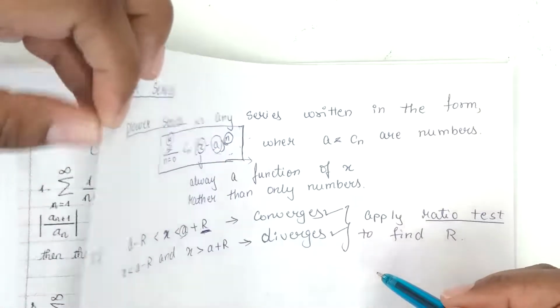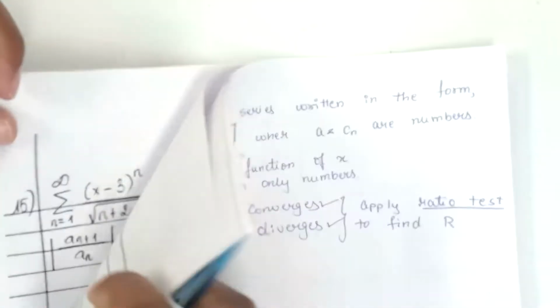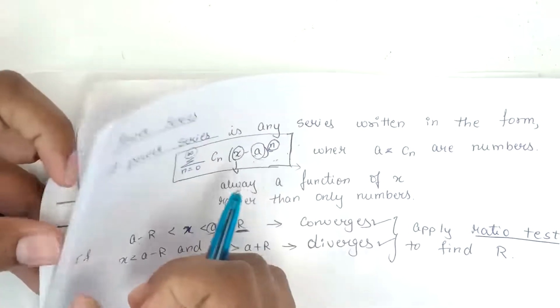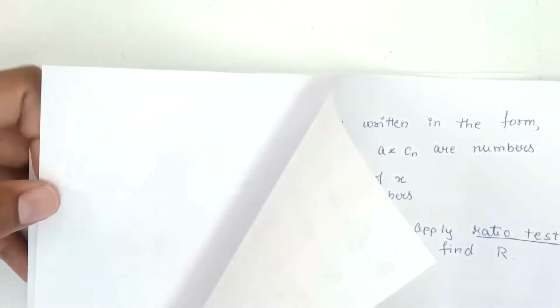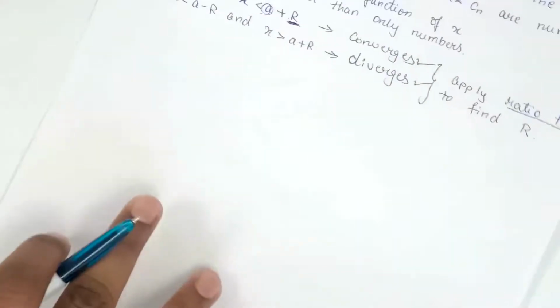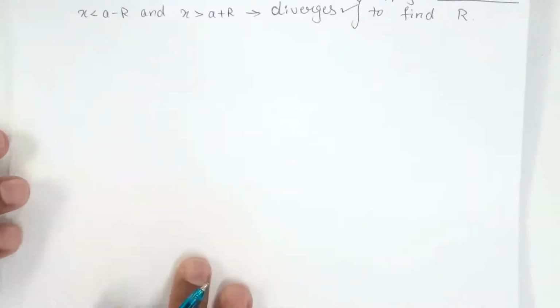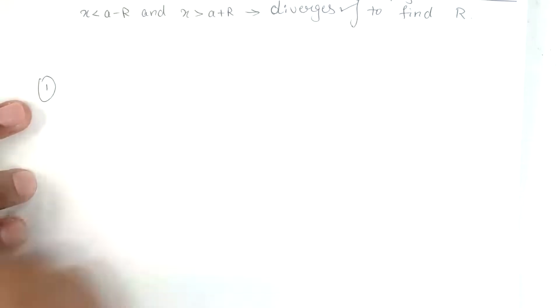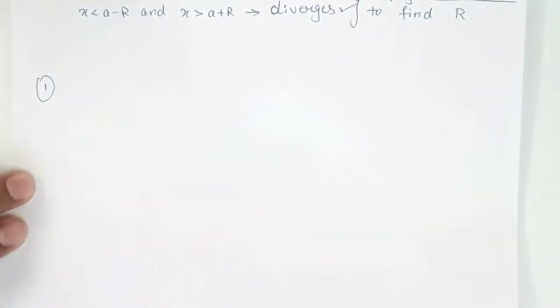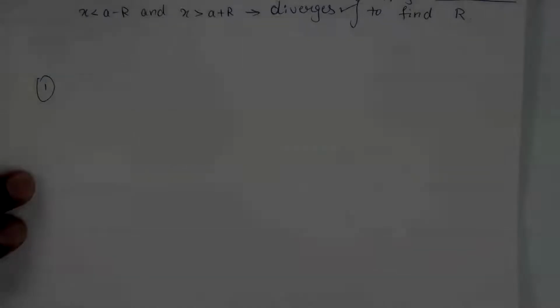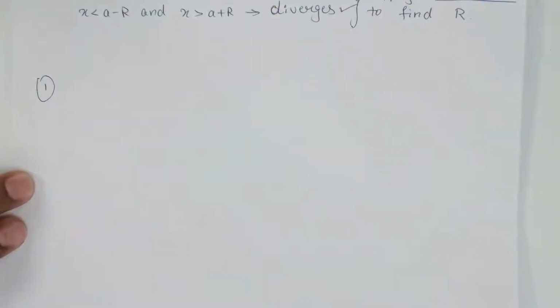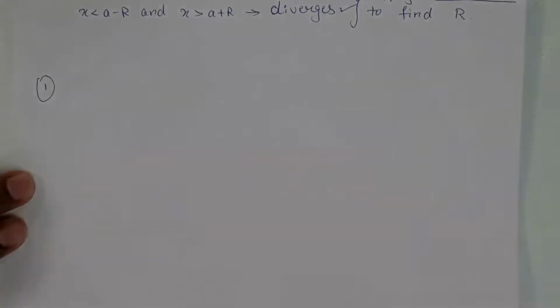Let me see if I have some sheets here. Let us start with problem 1. As I said, in this lab, you have two types of things.